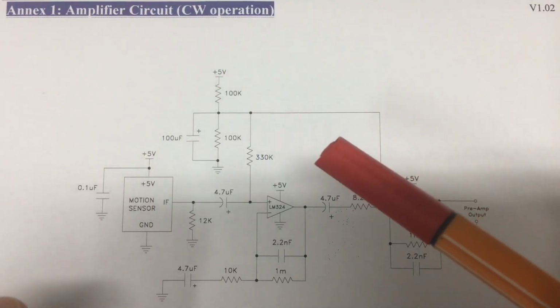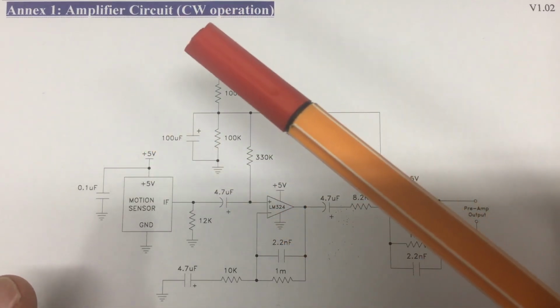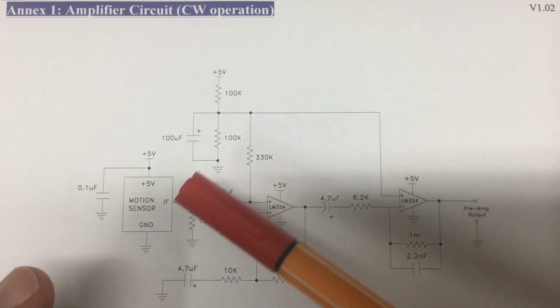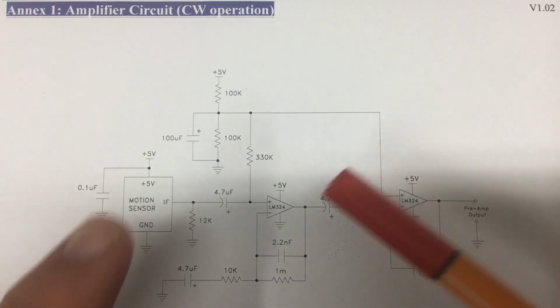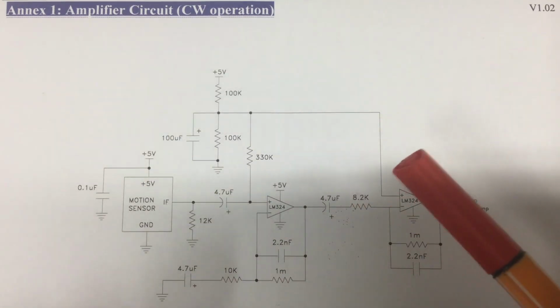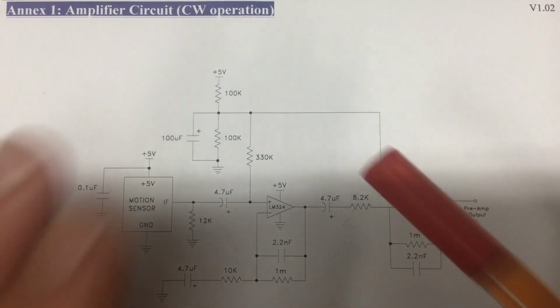If you look in the application notes of the HB100, you also find an amplifier circuit. And if you look closely at that part here, it's exactly the same as on Limpkin's amplifier board. Even the components of the passives have exactly the same value.